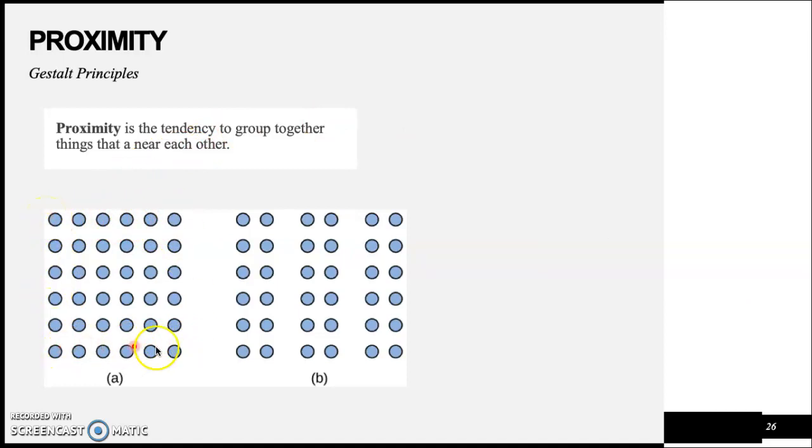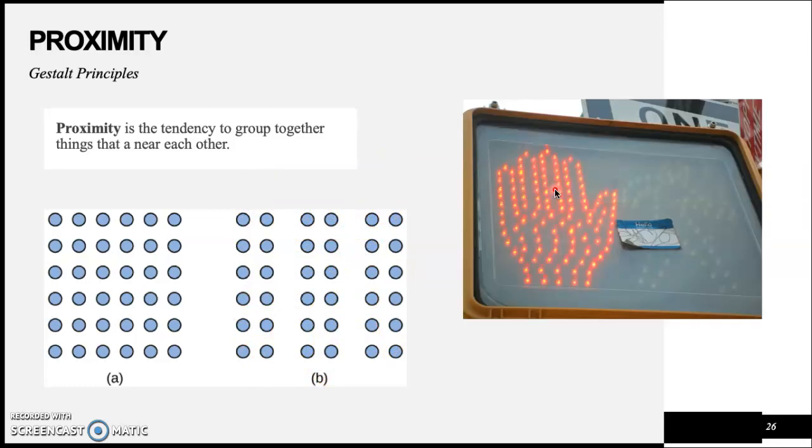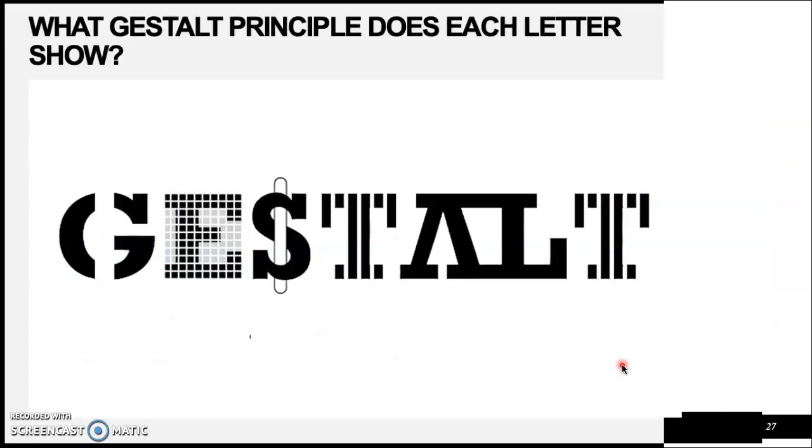All right, so these circles you see as one big square. Whereas here, because there is a bit of a distance between them, you will see them as 3 individual blocks of dots. We can use this to do things like when we see these little LED lights. We see it as a hand because they're closer together, so it creates lines in our brains.